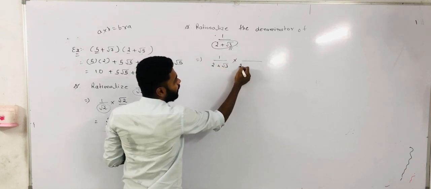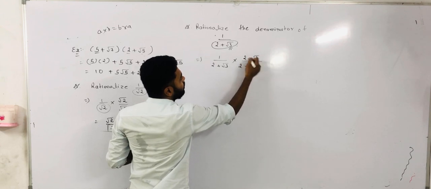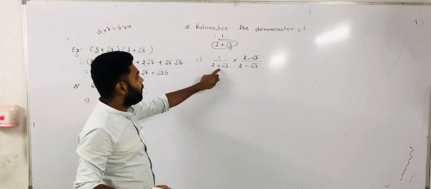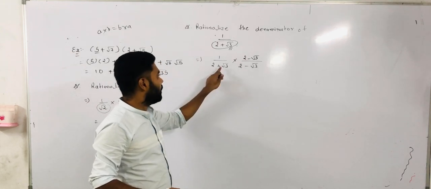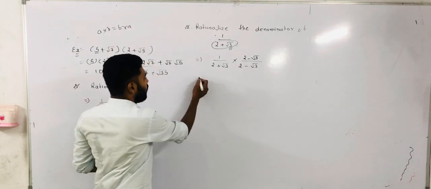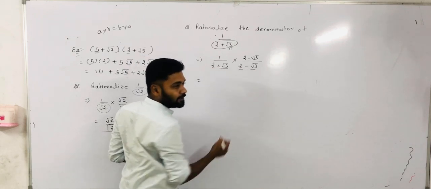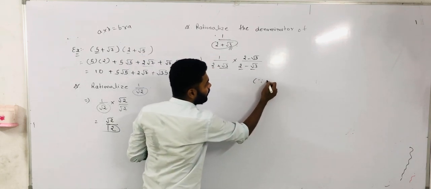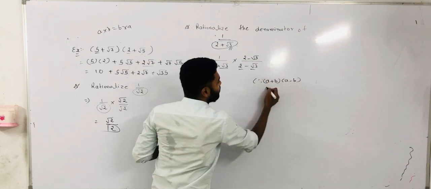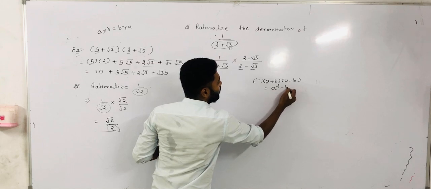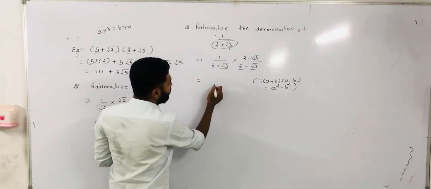If there is minus here then we will multiply and divide by plus. Here there is plus, so there minus. Now look at the denominator: a plus b, a minus b, we know the identity. a plus b into a minus b is equal to a square minus b square. We can use this identity over here.